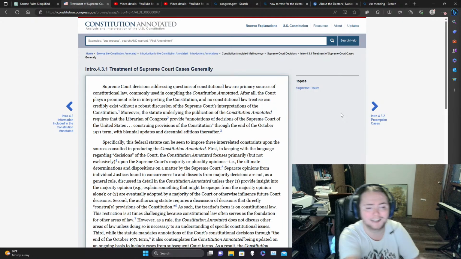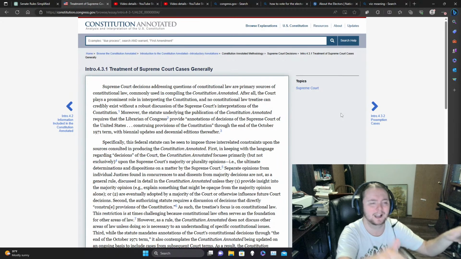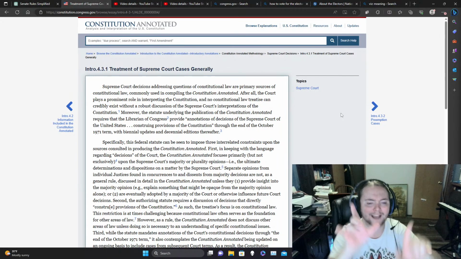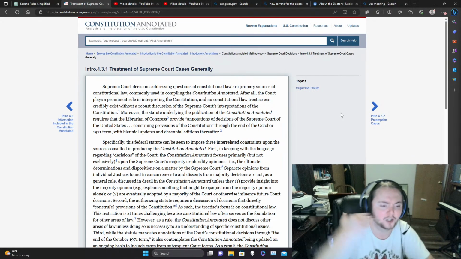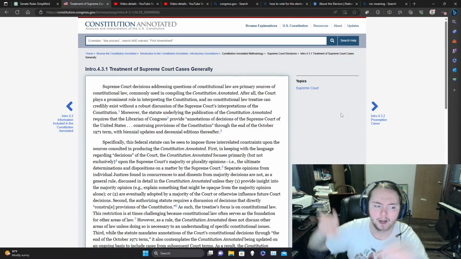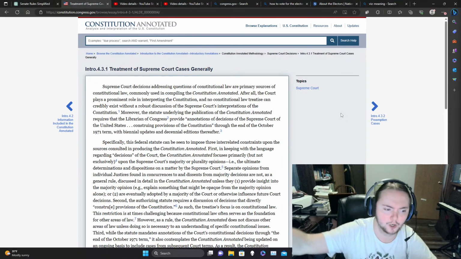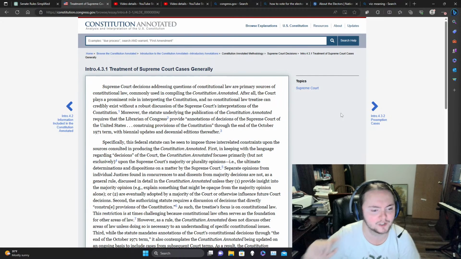Moreover, the statute underlying the publication of the Constitution Annotated requires that the Librarian of Congress provide annotations of decisions of the Supreme Court of the United States construing provisions of the Constitution through the end of October of 1971 term, with biennial updates and decennial editions thereafter.